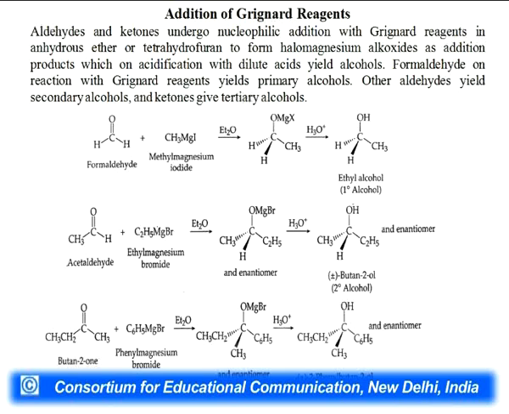Formaldehyde gives primary alcohol, other aldehydes give secondary alcohols, and ketones give tertiary alcohols. Examples are here. First of all, we are taking formaldehyde.